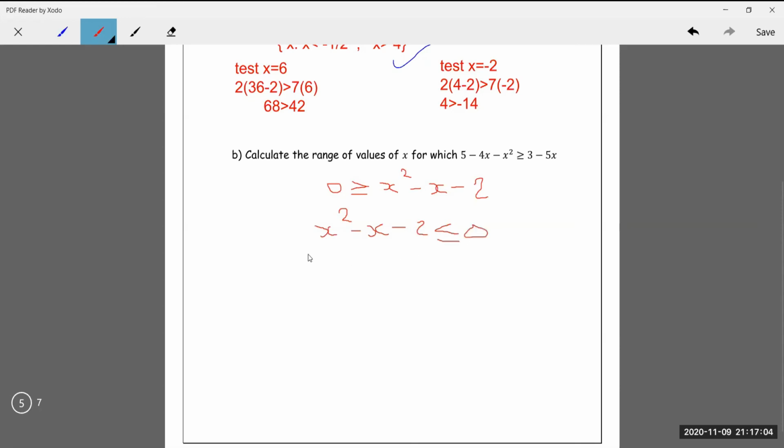All right, so when I get to this part now, I just factorize it like usual, and it's going to be less than or equal to 0. Now, the trick again is how to factorize this, but again, it's just going to be x and x, x and x.